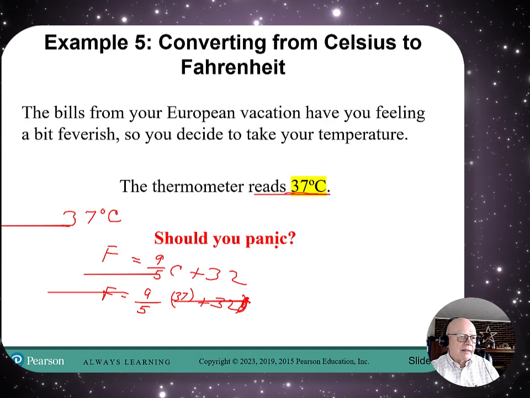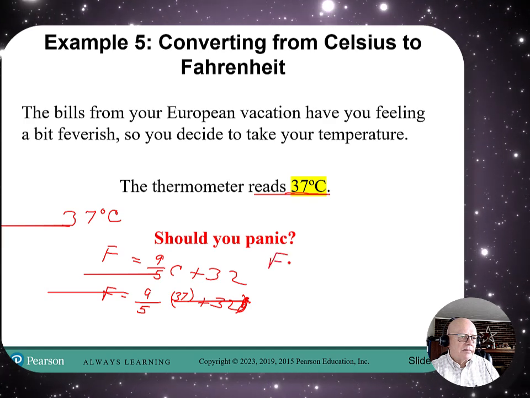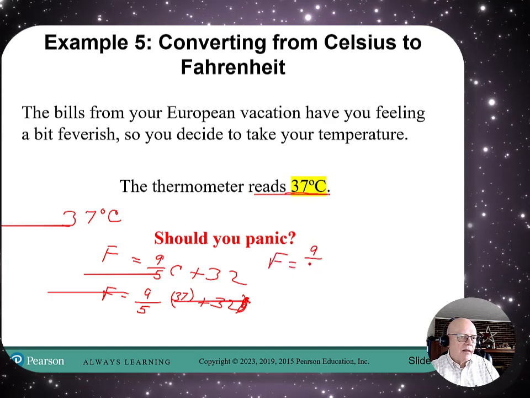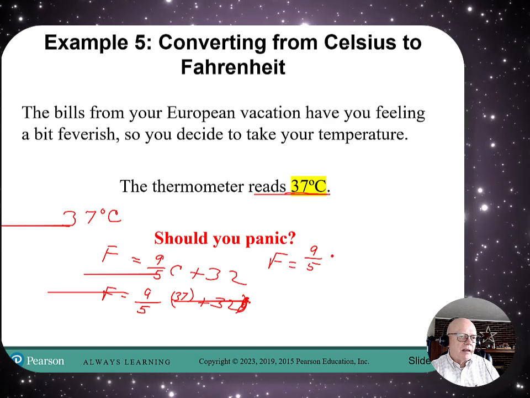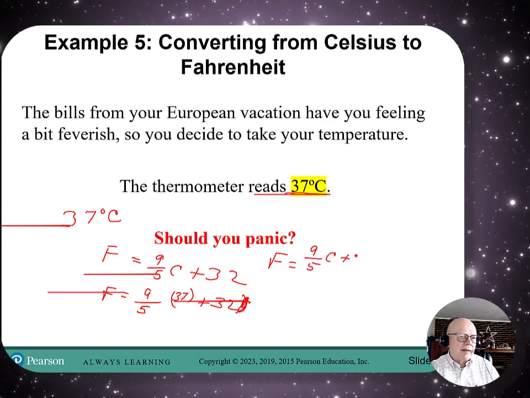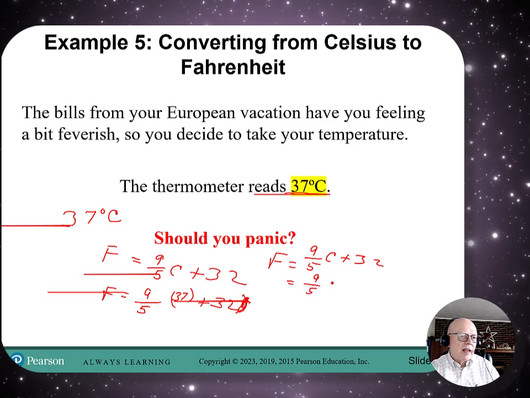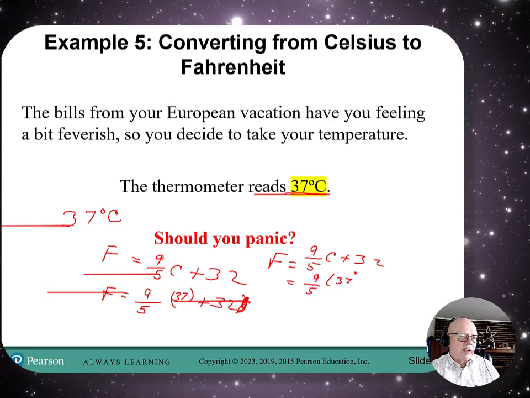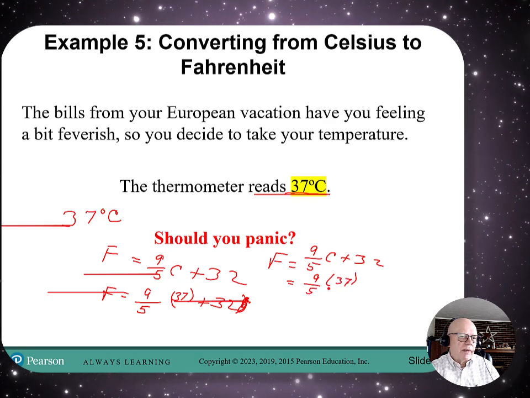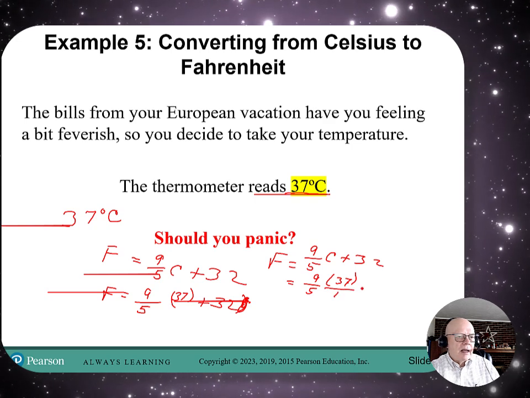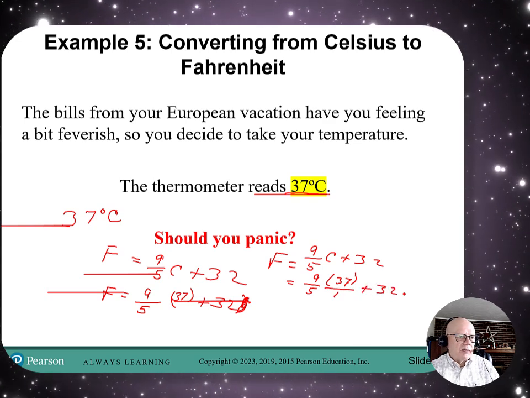Let me write that again. Fahrenheit equals 9/5 times the Celsius temperature plus 32. 9/5, there's our 37 degrees. You might want to make that 37 over 1, plus 32.